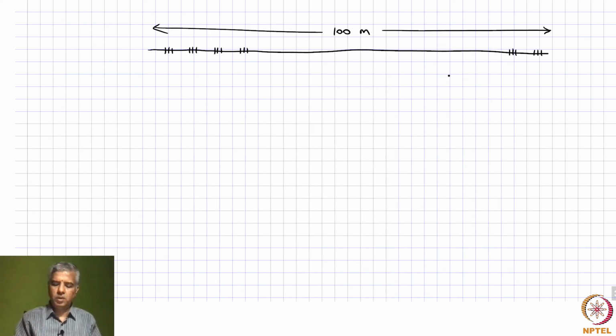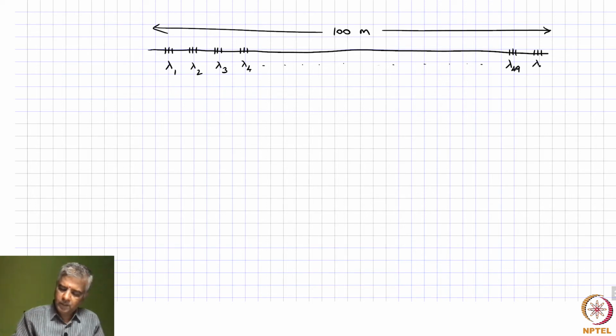And so we need to have 50 of these gratings. So this one should be, let's say, lambda 1, lambda 2, lambda 3, lambda 4 and all that, and lambda 49, lambda 50. So one possible solution is that you have 50 different gratings with different periods, and hence they are reflecting at different wavelengths.